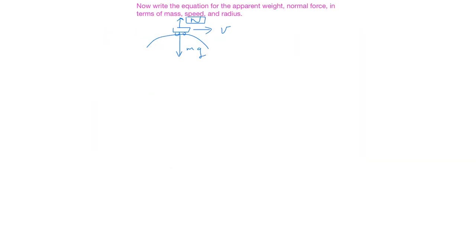Now, we're going to do it at the apparent weight, which is also called the normal force, in terms of mass, speed, and radius. Okay. Well, first of all, weight, which is mg minus normal force. Okay.